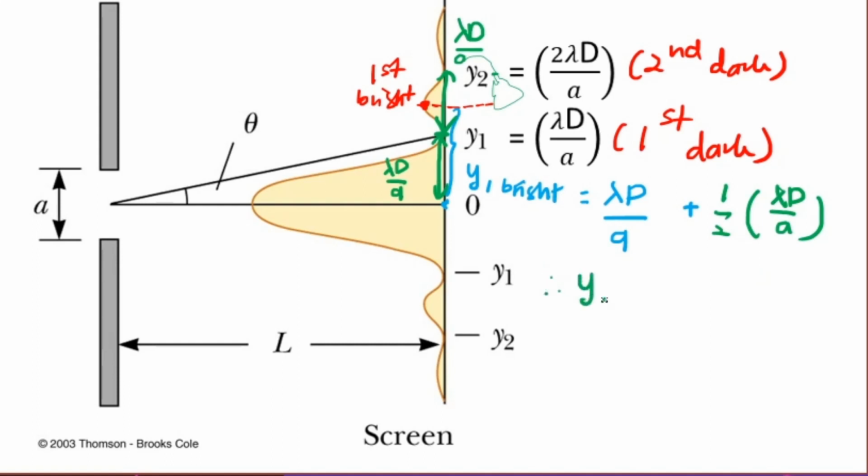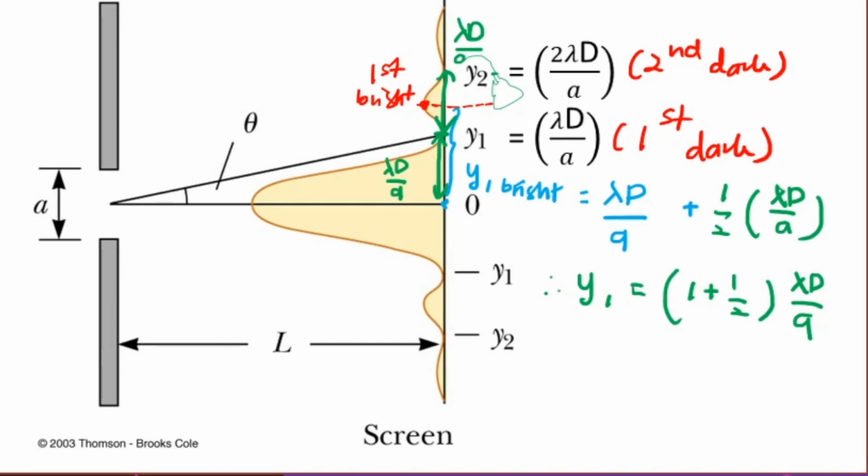Therefore, we can write y1 bright is equal to, okay, we can factorize, 1 plus half lambda d over a. Okay, and when we try to derive for the second bright, the distance from the central maxima to the second bright is going to be 2 plus half lambda d over a.